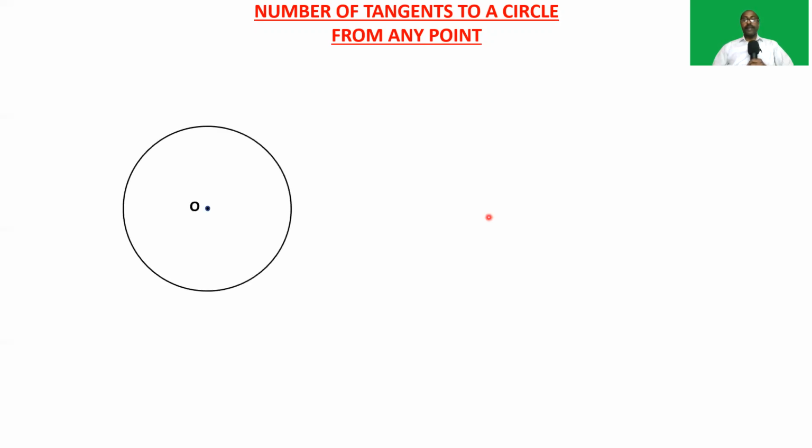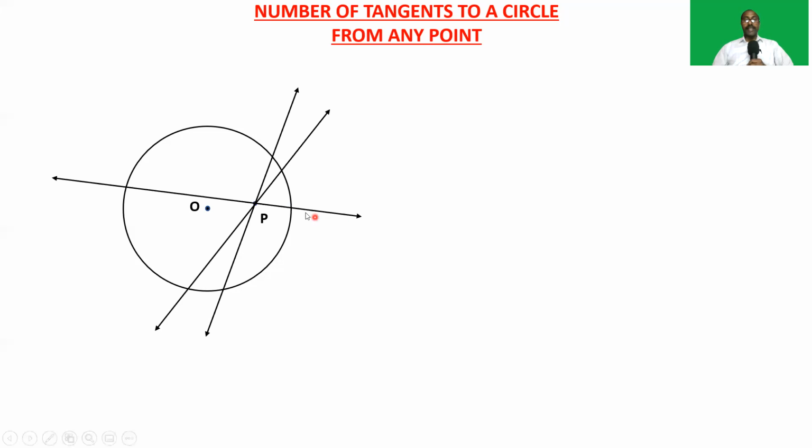Let O be the center of the circle, and P be a point lying inside the circle. If we draw any line through this point P, the line will intersect the circle at two distinct points.